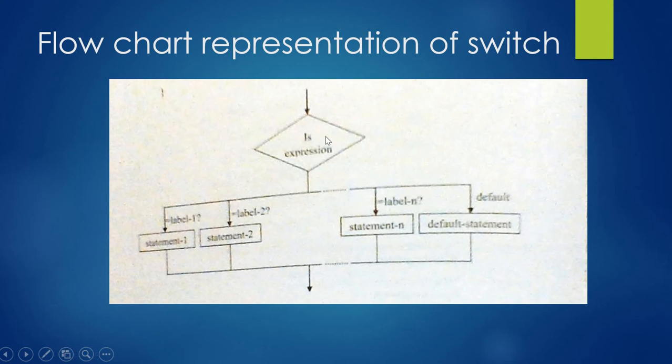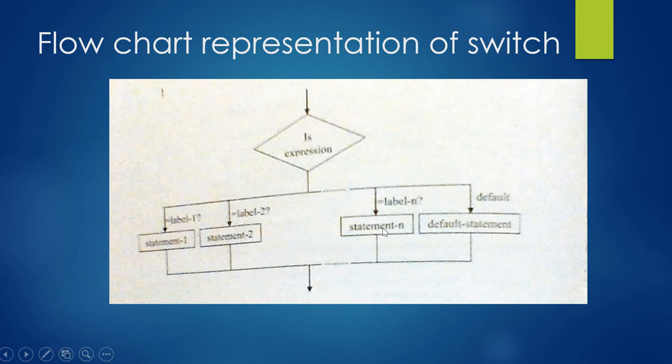See, this is the flowchart representation of the switch statement. We are checking this expression. Is the expression equal to label 1? Then statement 1 will execute. Equal to label 2 means statement 2 is executing, and so on.